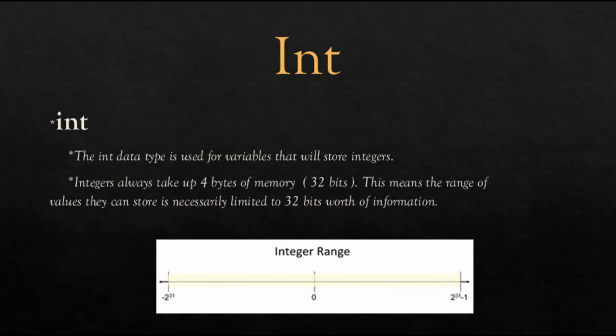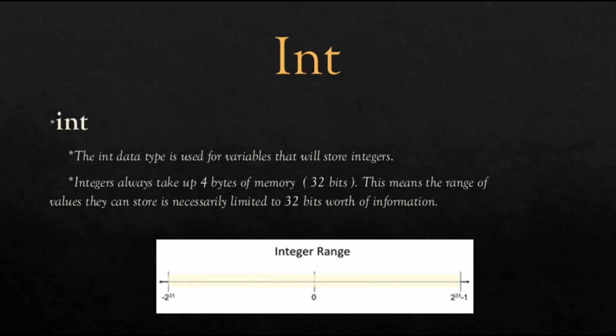Now we also have something, not a separate type of variable. Rather, unsigned is what's called a qualifier. It modifies the data type of integer slightly. And in this case, what unsigned means, and you can also use unsigned with other data types, integer is not the only one, is that it effectively doubles the positive range of values that an integer can take on, at the expense of no longer allowing you to take on negative values.